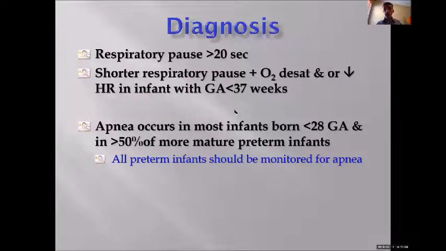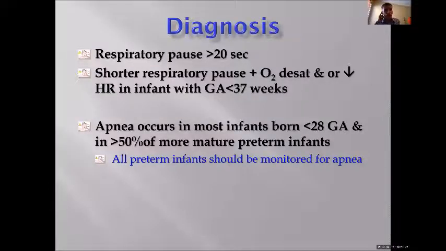How do we diagnose apnea? Apnea is no respiratory effort, a respiratory pause of more than 20 seconds. It might be shorter, but with desaturation and bradycardia. And remember that if you are less than 28 weeks, almost all babies get apnea. If you are less than 34 weeks, 50% of them get apnea.